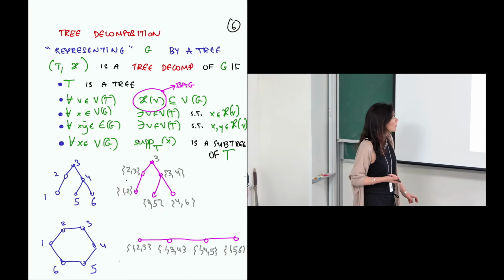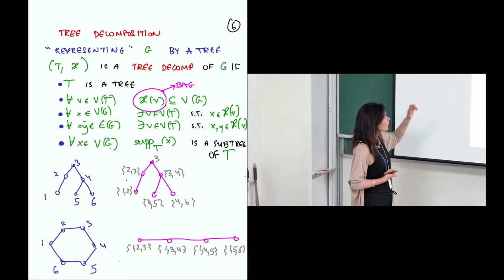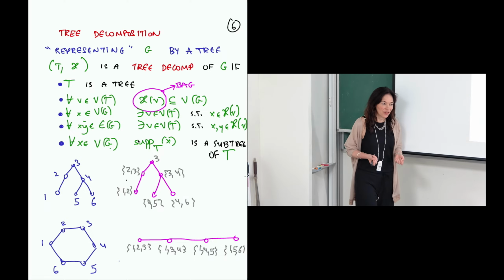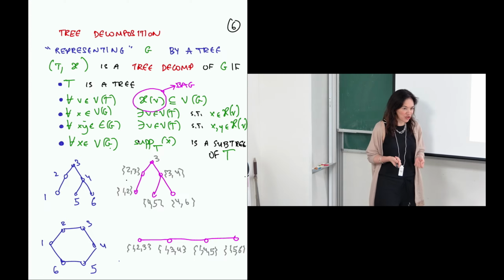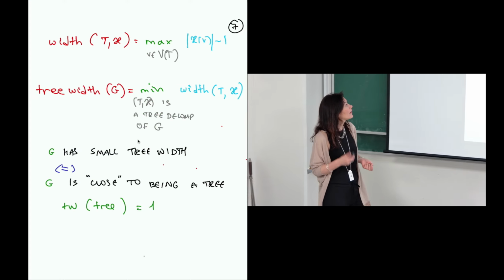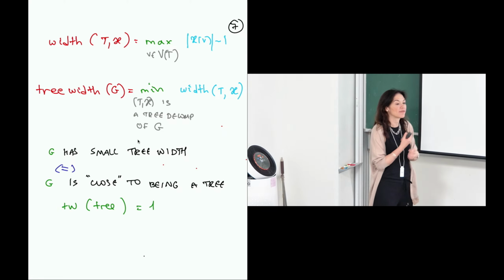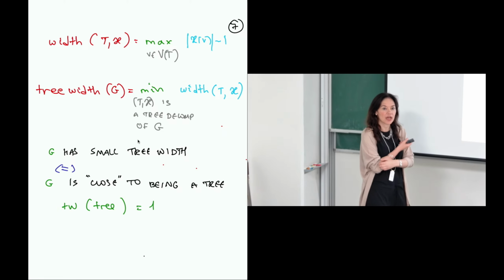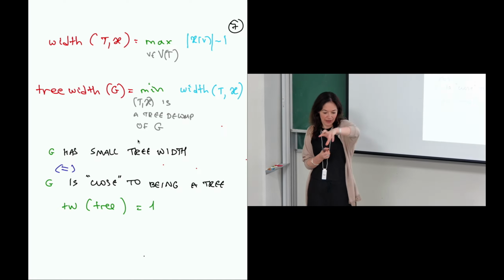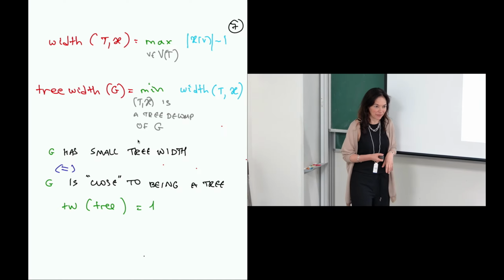So now, remember the goal of this was to say some graphs are like trees and some graphs are not like trees. So I need some measure to distinguish simple tree decompositions from complicated tree decompositions. And the way you do it is you define the width of the tree decomposition, which is how big the bags get, how many vertices of the graph get associated to one vertex of the tree.